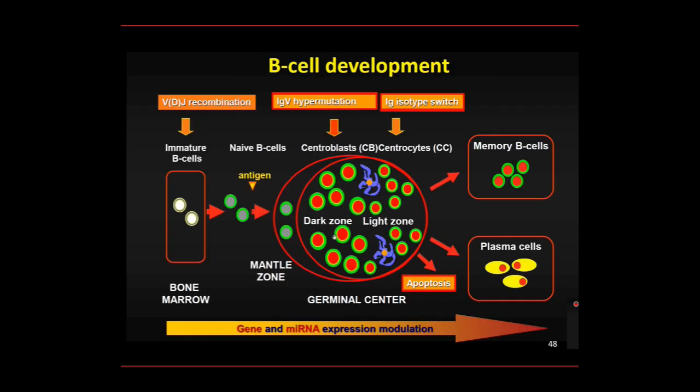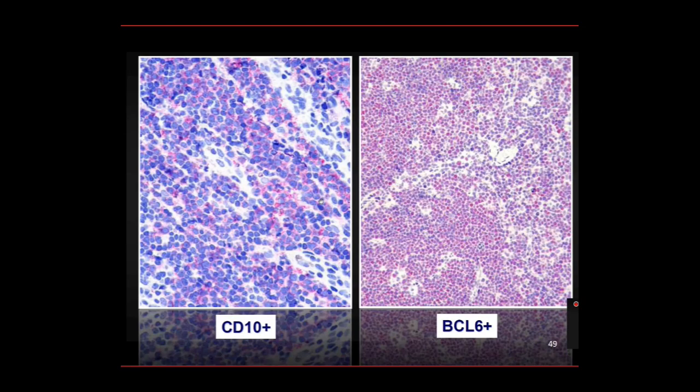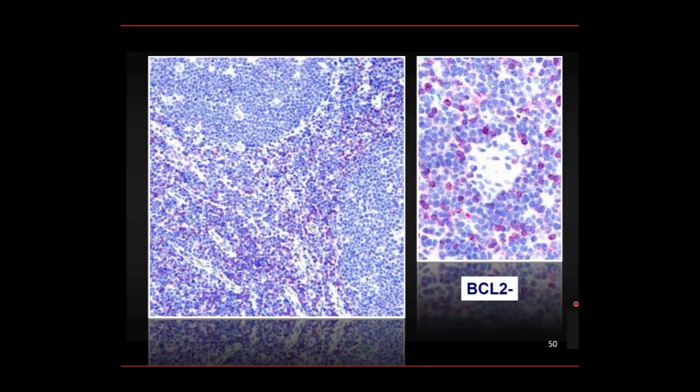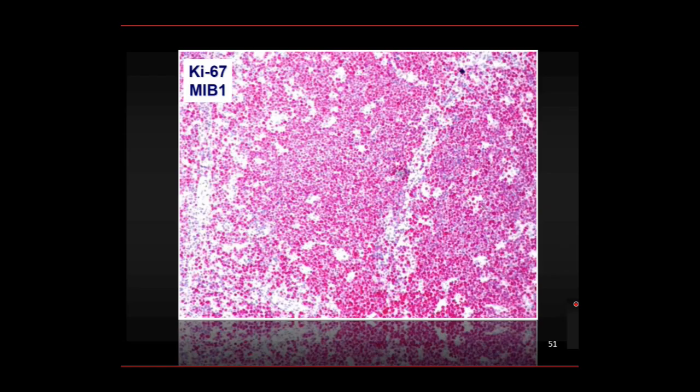So we have Burkitt lymphoma deriving from the early dark zone, from the early centroblast, the highly proliferating area of the germinal center. The immunophenotype is consistent, with CD10 and BCL6 very easily recognized, and BCL2 obviously negative in the germinal center, with some infiltrating T lymphocytes positive, acting as positive control.